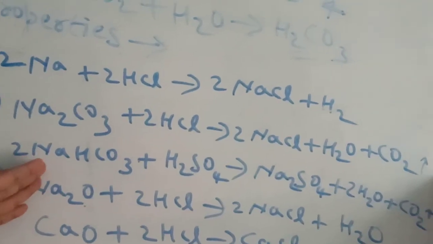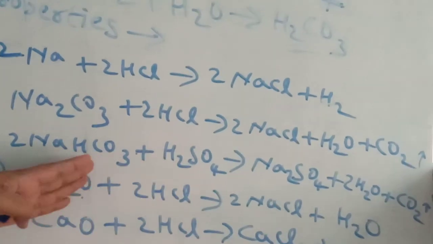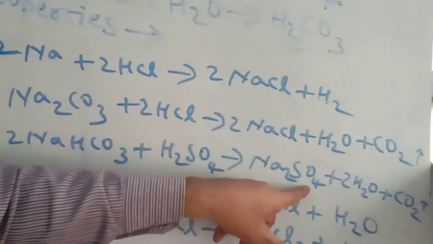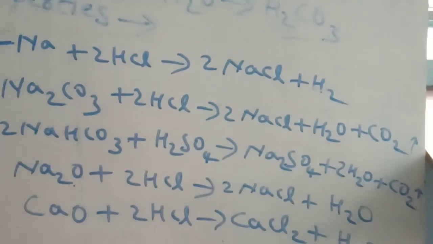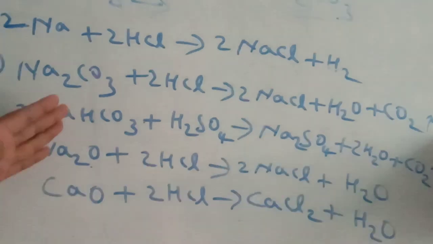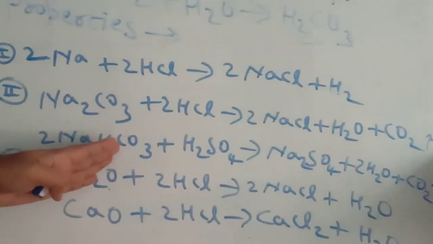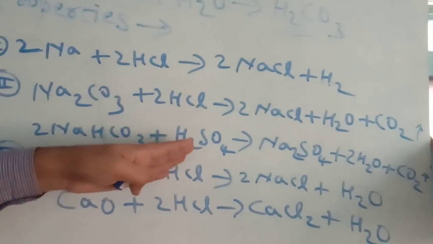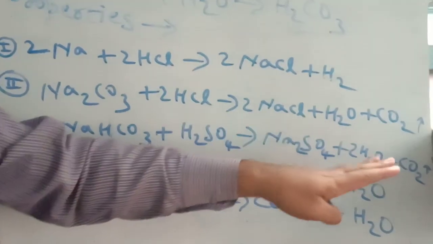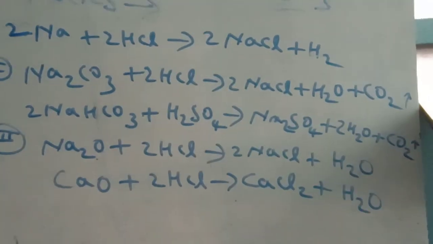In the same way, sodium bicarbonate reacts with sulfuric acid, then forms sodium sulfate plus water and carbon dioxide. So in both cases, metallic carbonate or metallic bicarbonate, after reacting with acid, form salt, water and carbon dioxide.